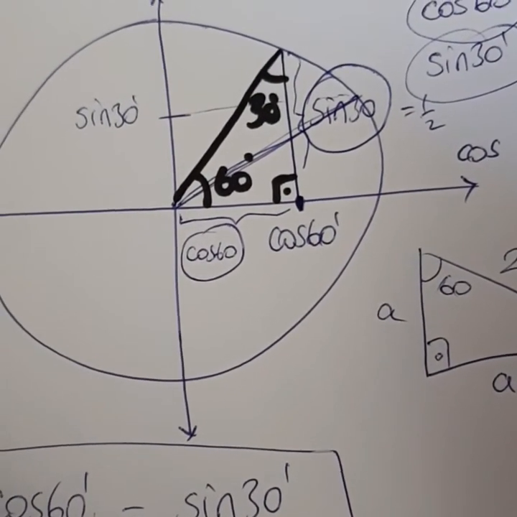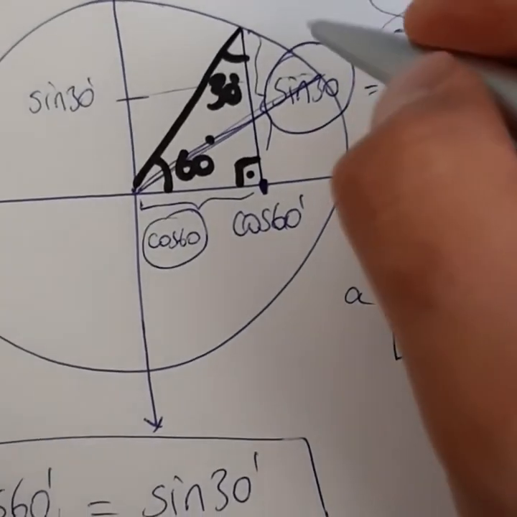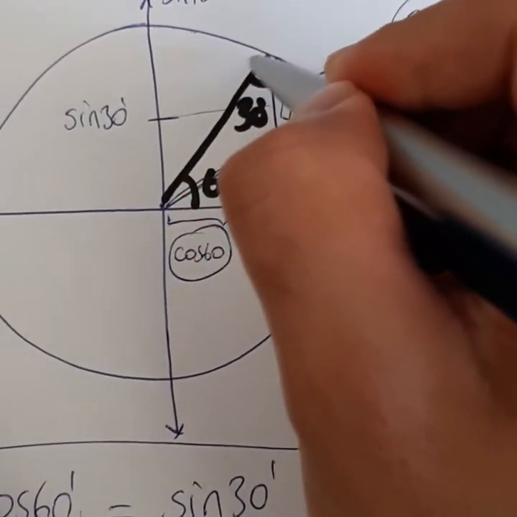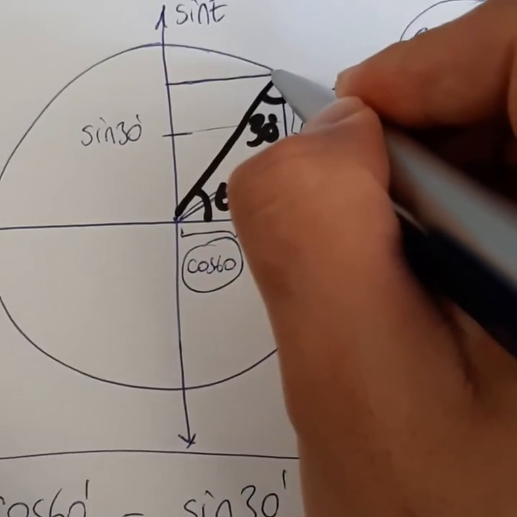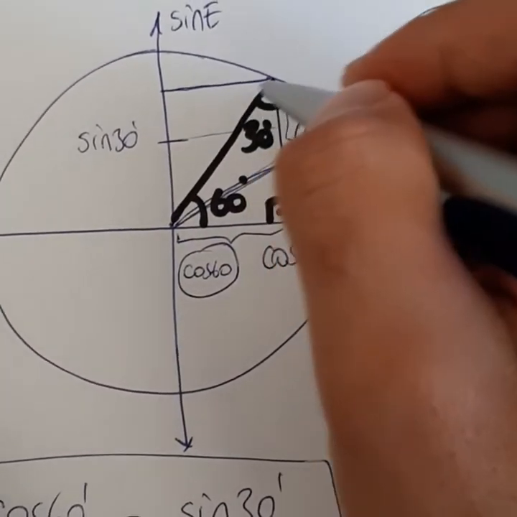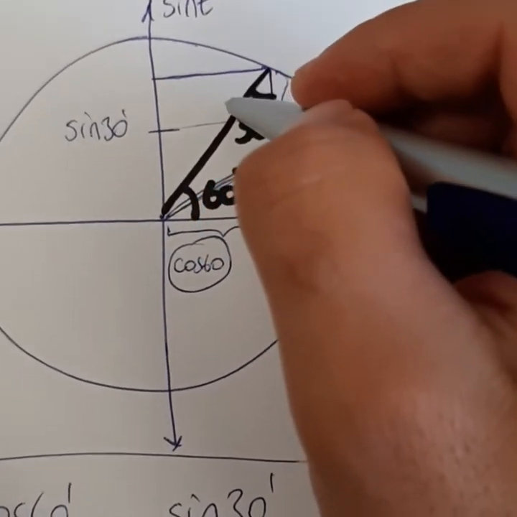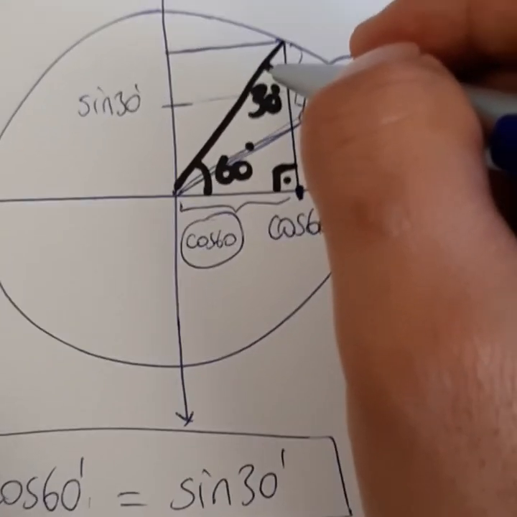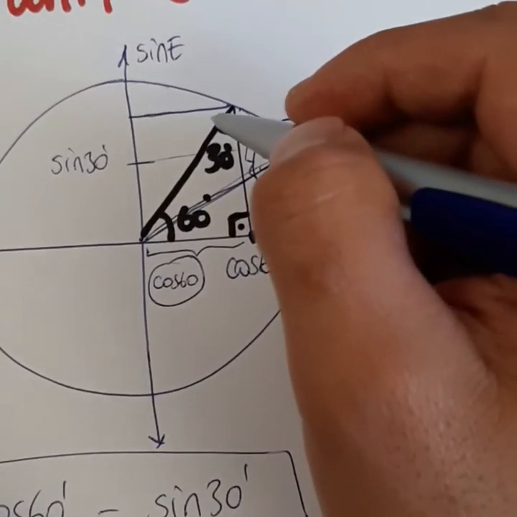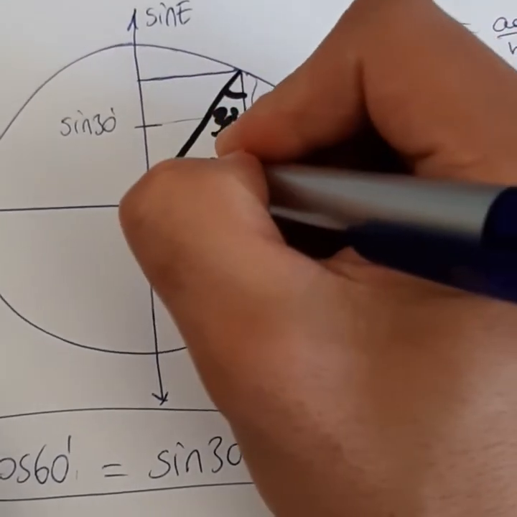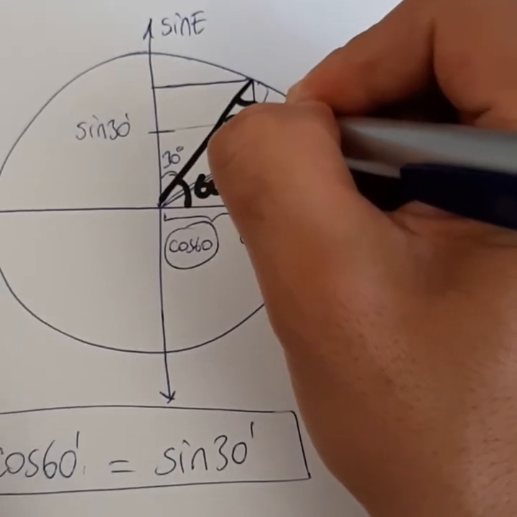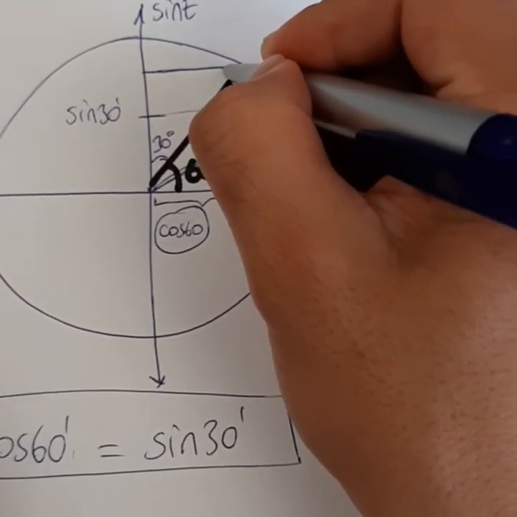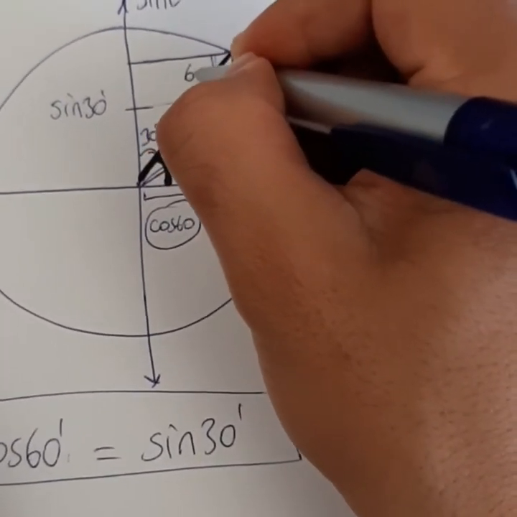Okay, so if we draw another part of this quadrilateral, we get 60, here will be 30 degrees, and 30, in order to get 90 degrees.